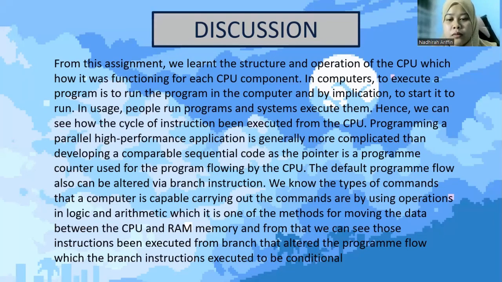The commands use operations in logic and arithmetic, which is one of the methods for moving data between the CPU and RAM memory, and from that we can see those instructions being executed, including branches that alter the program flow, where the branch instructions execute conditionally.